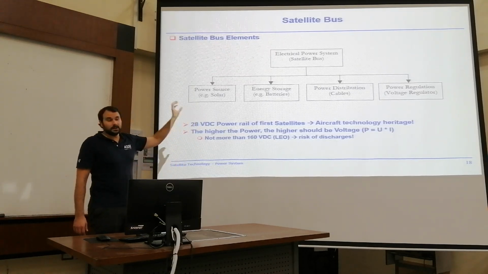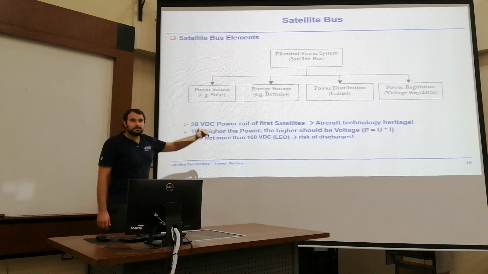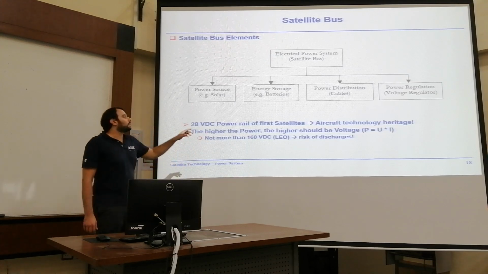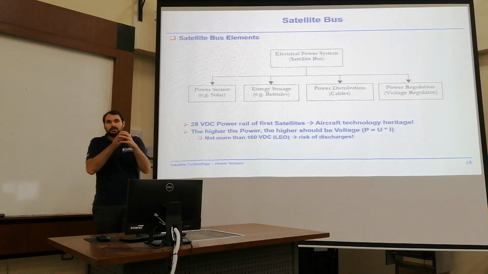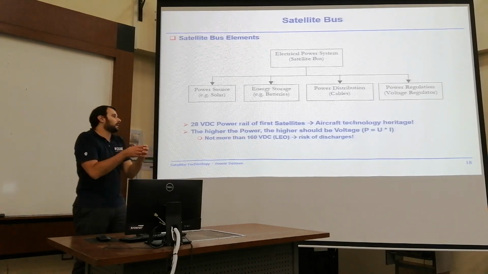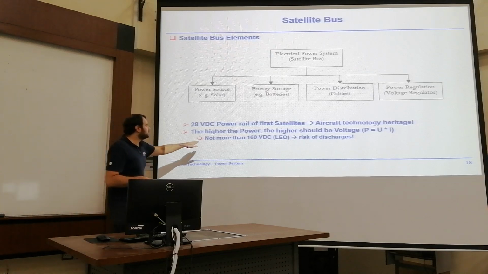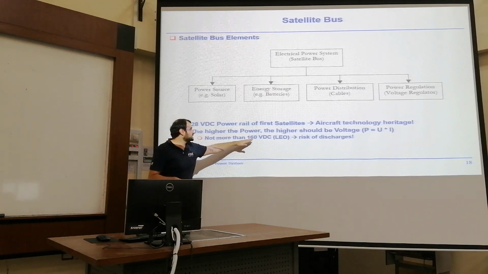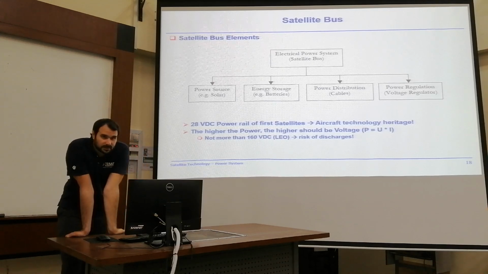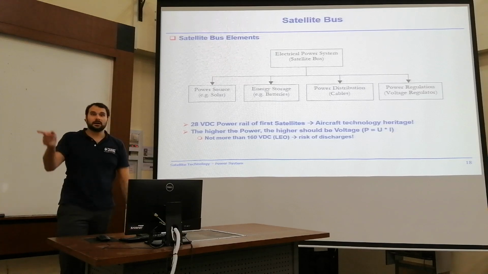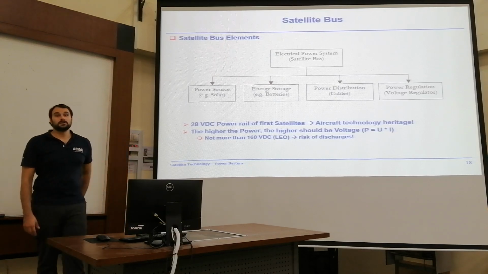That's why we want to keep the losses really low. We need to increase the voltage for the same amount of power. However, we shouldn't go above 160 volts direct voltage, because then we have a very high risk of discharges. We could have an arc that destroys our solar cell.